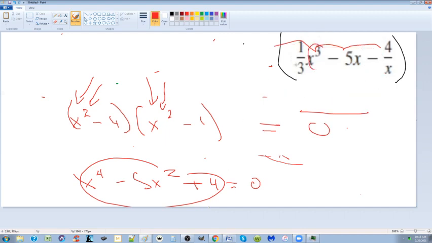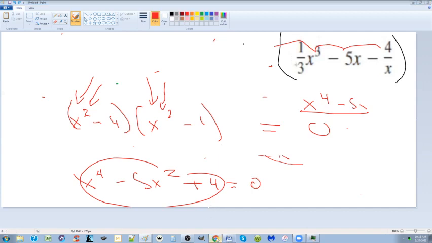That is not a cubic because of this over here. If I was going to put this all in the same denominator, I'd have to multiply it through, and I'd get x to the 4 minus 5x squared minus 4x. Yeah, I think that's the secret. It looks like a cubic, but it's not.